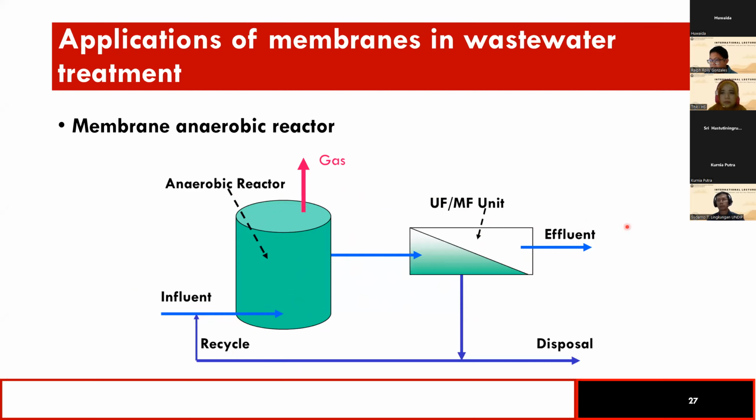And then the effluent can either be used for irrigation or for domestic use, and the concentrate will either be recycled or disposed. So this is again one of the applications of membrane technology in wastewater treatment. I am sure that in Indonesia, this is one of the main processes involved in wastewater treatment.